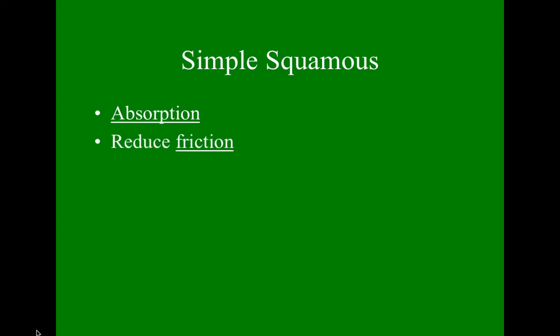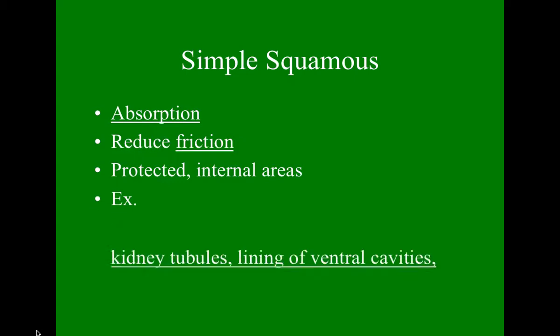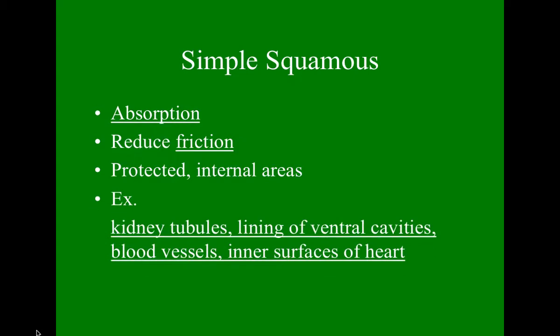Because it's a simple layer, we find these in protected internal areas because it's not very durable. This would be places like our kidney tubules, the lining of our ventral cavity, which is our front body cavity where our heart and lungs are, as well as our digestive tract, the lining of the blood vessels, as well as the inner surfaces of our heart.